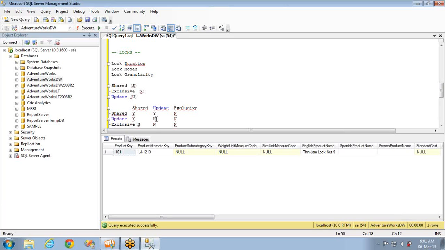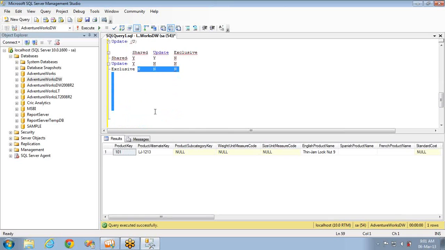Why? Because an update log acts as an exclusive when it is updating the data. And an exclusive log you cannot set. Once the exclusive log is set for any resource, then you cannot set any other log on the same resource. So this is the comparison sheet for the three.